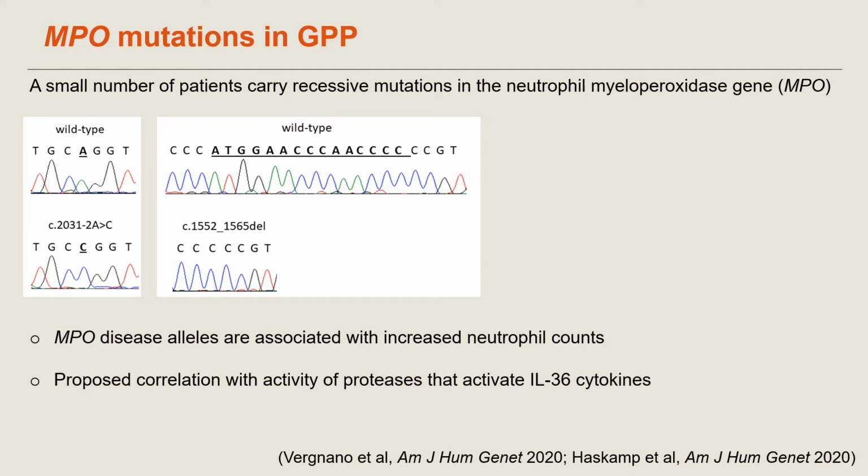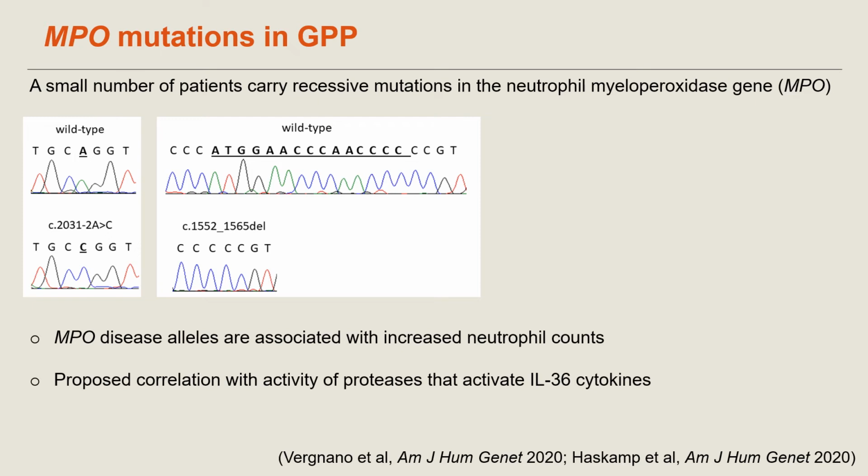And Ulrike Hofmeier's group also showed that these mutations result in increased activity of IL36 cytokines. And although preliminary, these data are very interesting because they would reinforce the link between GPP and abnormal IL36 signaling.